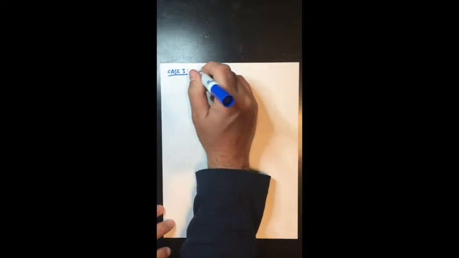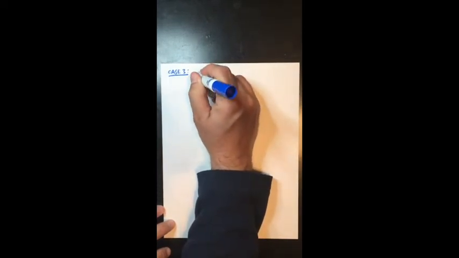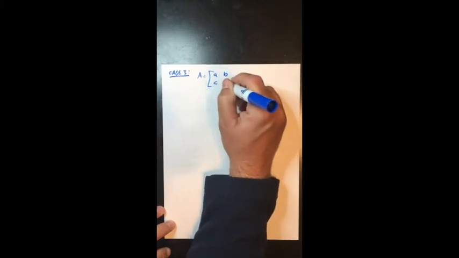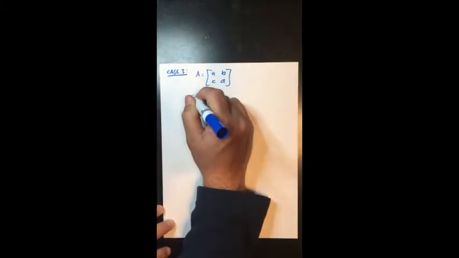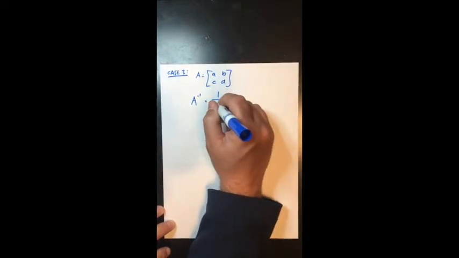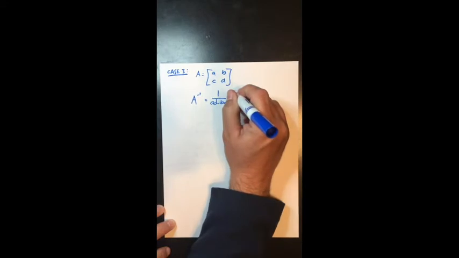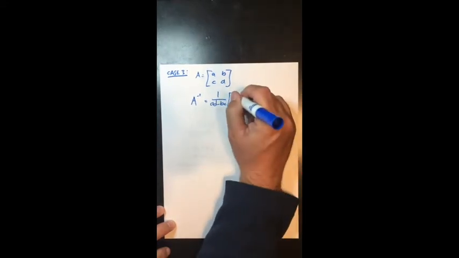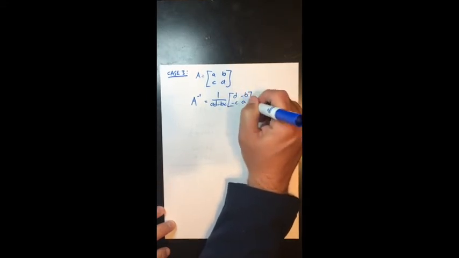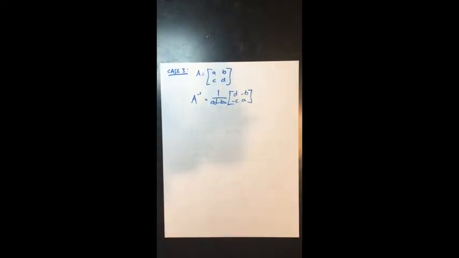Given matrix A is [A, B; C, D], the inverse of A is 1 over AD minus BC times [D, negative B; negative C, A]. This AD minus BC that you see here, that is the determinant.